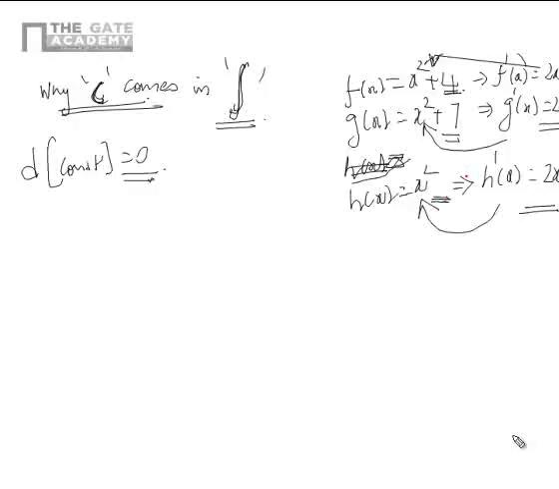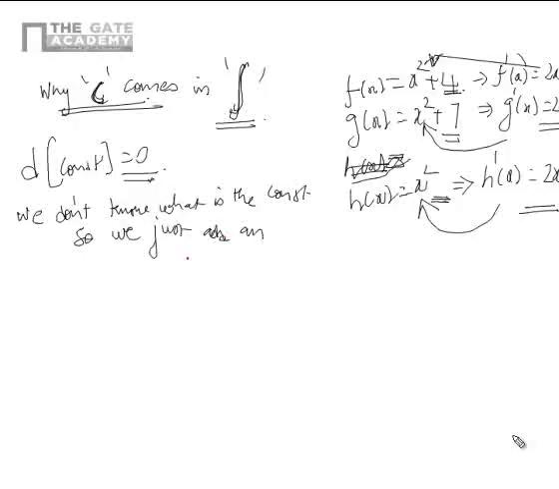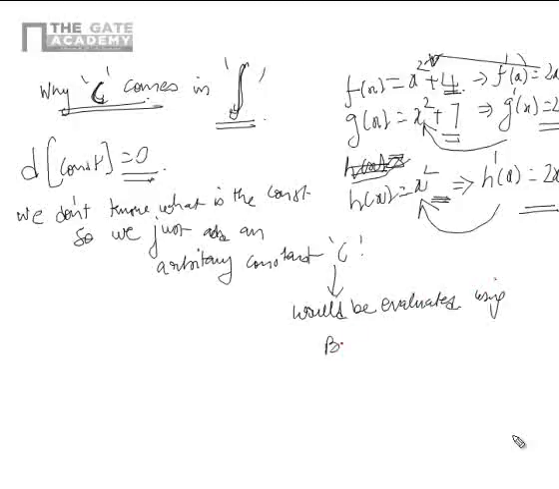So we don't know what the constant is. So we just add an arbitrary constant called C, and this C would be evaluated using boundary conditions if present.